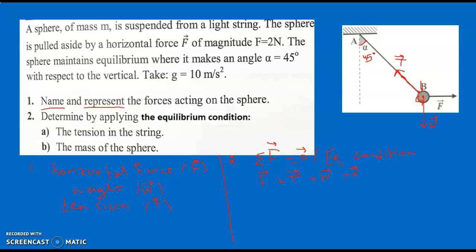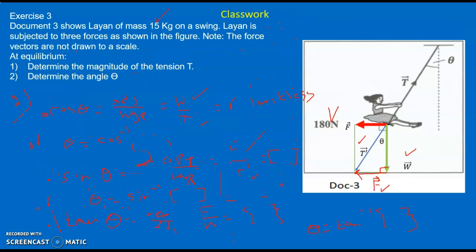In that case, we were given the magnitude of F and the weight, and then we said because they are perpendicular forces, the sum of these two forces is equal to the diagonal. And then we found the magnitude of T prime by Pythagorean, and related it to T. And we were not given theta here.